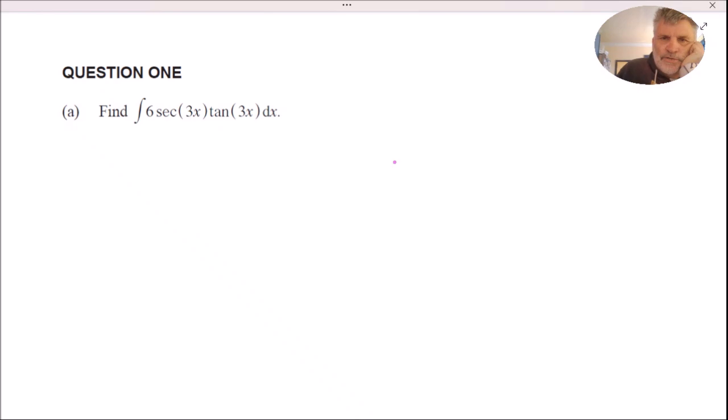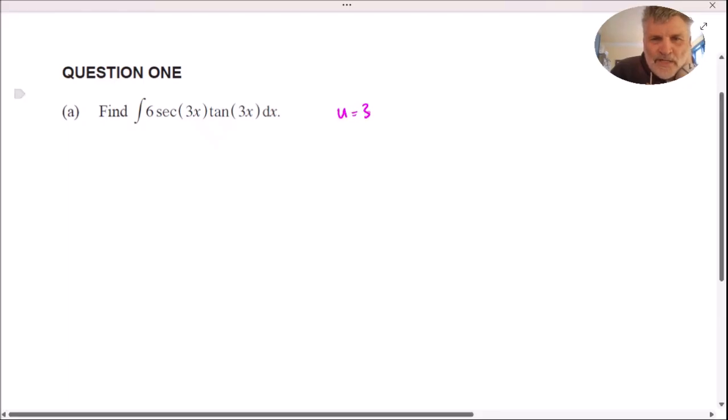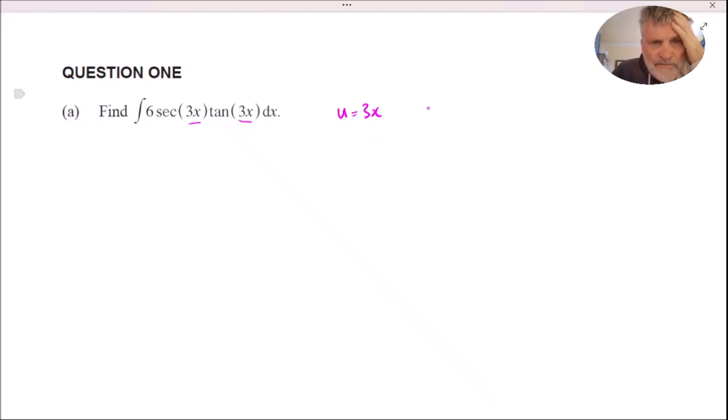The first thing to do with this sort of problem is to write u equal to 3x. That will simplify these a little bit. I'll look at this more generally just straight after this question.